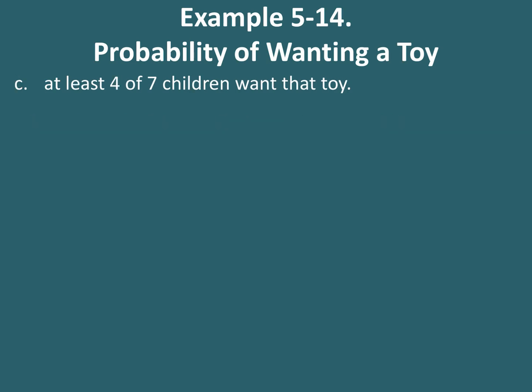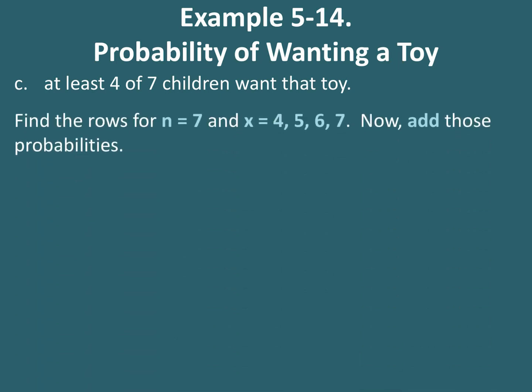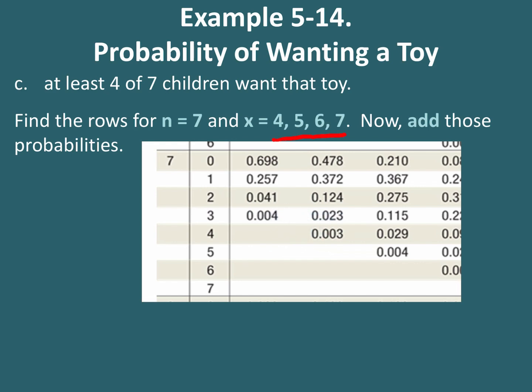Now let's find the probability that at least 4 of the 7 children want that toy. Again, look at the rows for n equals 7 children. This time we'll look at x equals 4, 5, 6, and 7, and then add those probabilities. I refer to these 4 rows here.